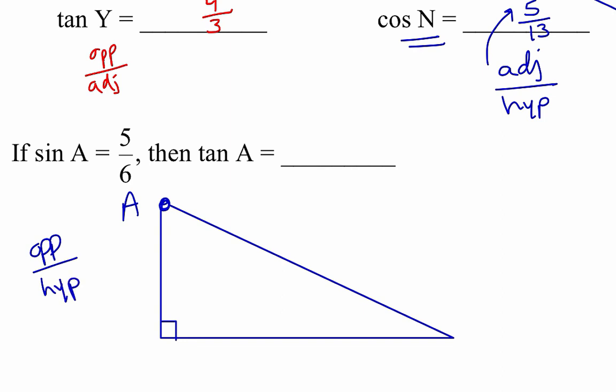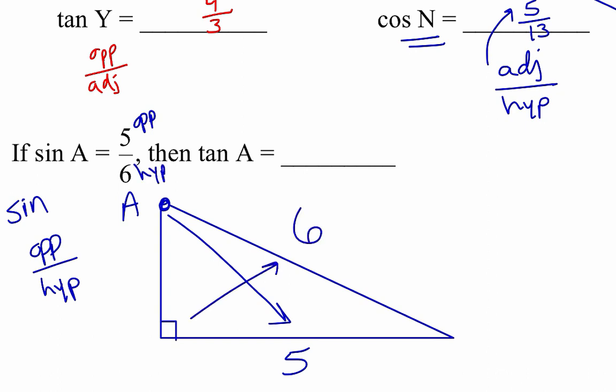So if this is what sine of A is, the opposite side of A needs to be 5, because that's my opposite, over my hypotenuse, which needs to be 6, which would be across from the 90. So there's my two sides of the right triangle that I'm going to use.